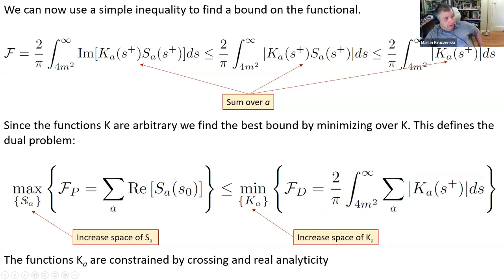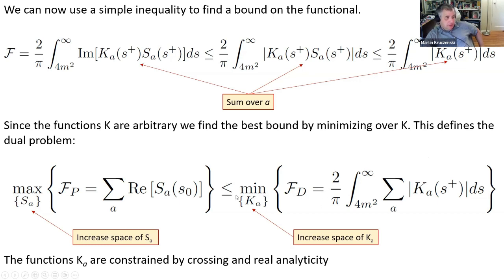And therefore, the maximum I can get for this functional over the space of all S matrices, that gives me the boundary of that space, is less or equal than the minimum over all the space of K_a. And these K_a we call the dual S matrix, or the dual partial waves in higher dimension.